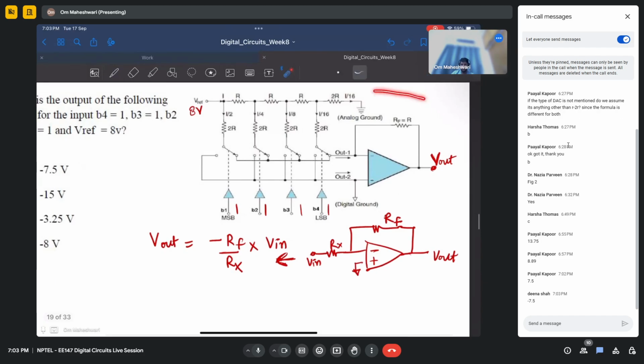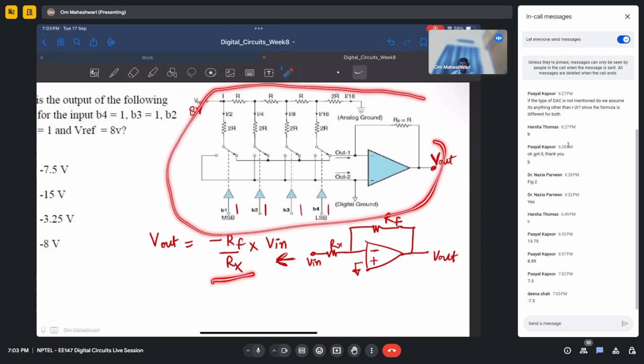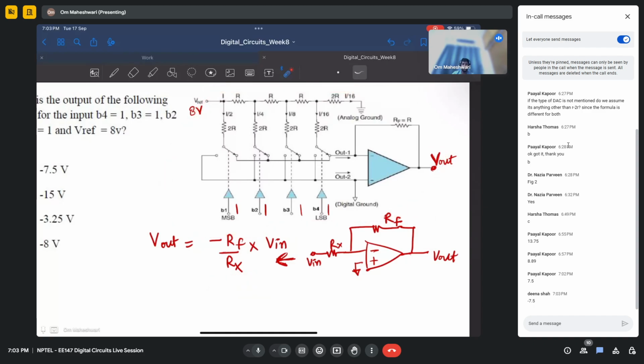If you solve this, you can come up to some simpler formulation, but for the sake of this class, I will write the final expression that you get. What I'm writing here is only true for an R2R ladder network. So whenever you see an R2R ladder with op-amp connection, you can use this.